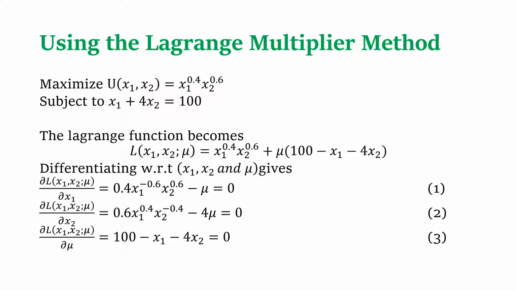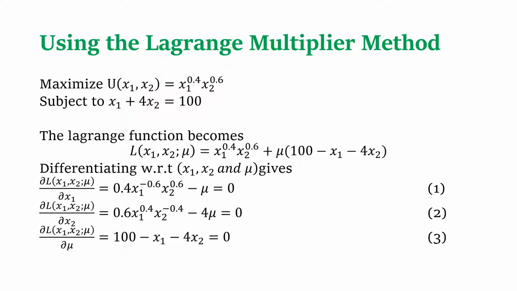So all I did here was to try to get a composite function. The composite function is the Lagrange function. And that Lagrange function has both the objective function as well as the budget constraint.